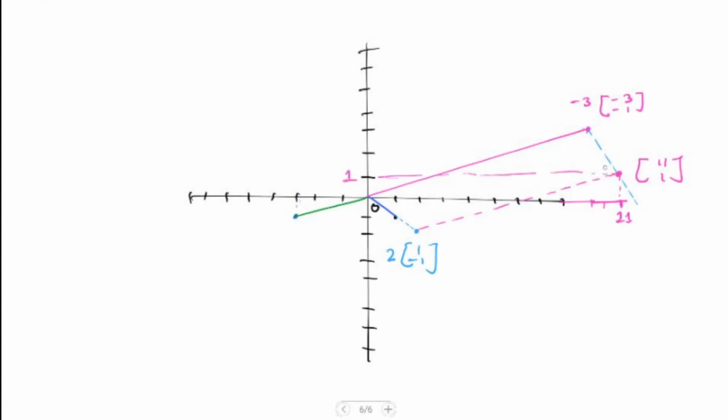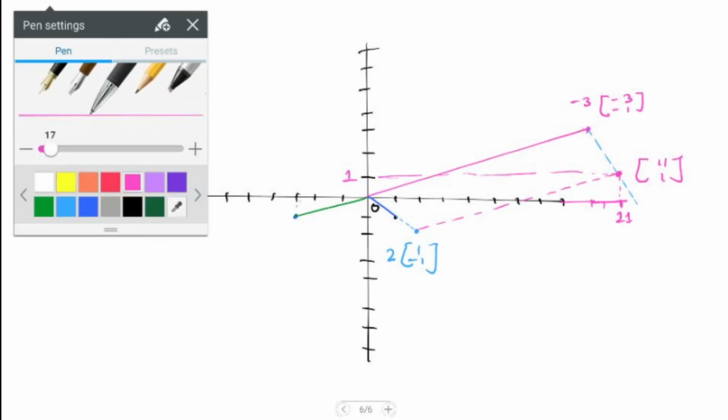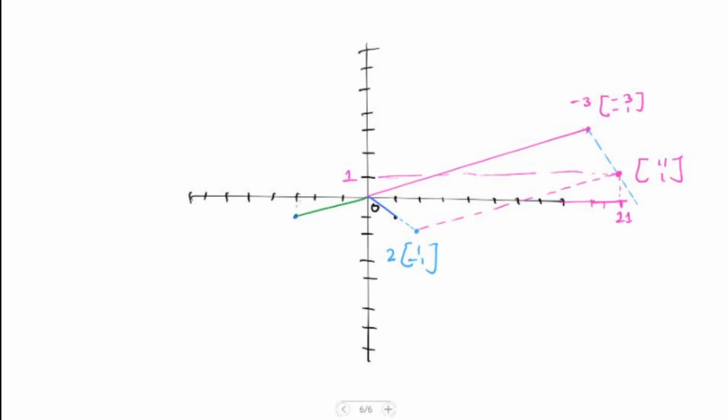Okay, so that's the diagonal of the parallelogram from the origin, which is (0, 0). So you can say here (11, 1) is the diagonal of the parallelogram that is spanned by the vectors 2 times (1, -1) and 3 times (-3, -1). And that's the end.